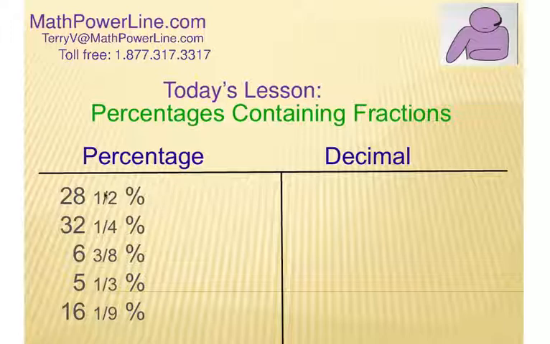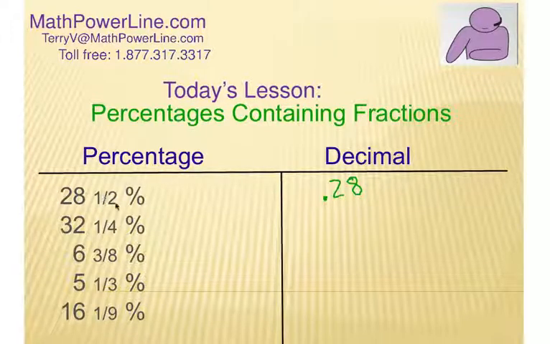The first one is 28.5%. So let's think about it. If it's only 28%, you know that you would find the decimal point, which would be right here to the right of the 8, and then you would move it 2 places to the left. So 28% would be 0.28, of course. But what about the 1/2? Well, think about 1/2 as a decimal itself.